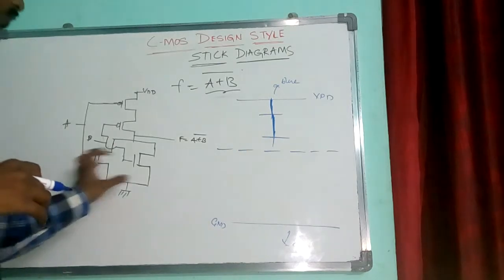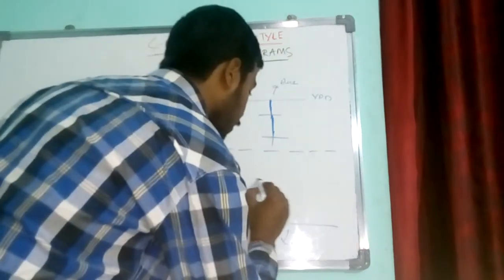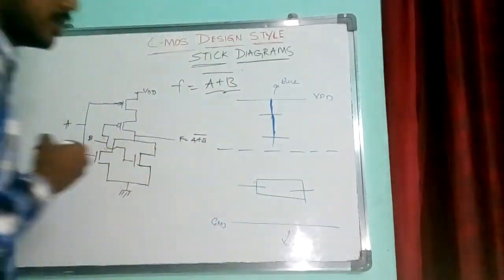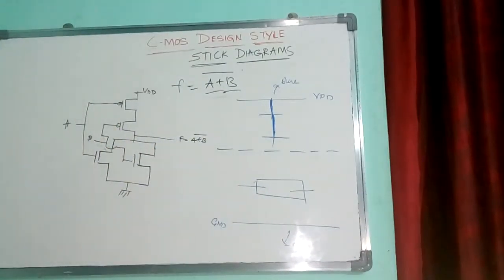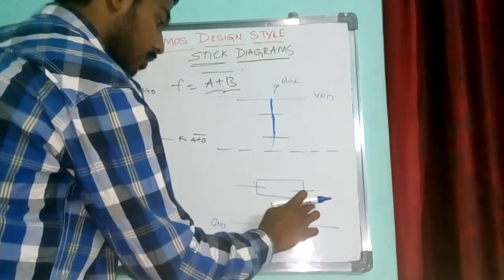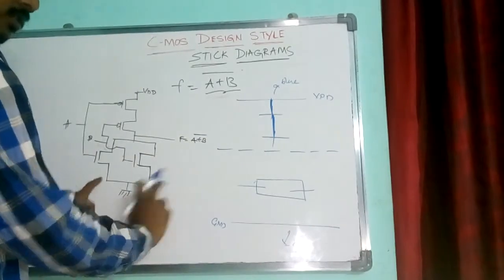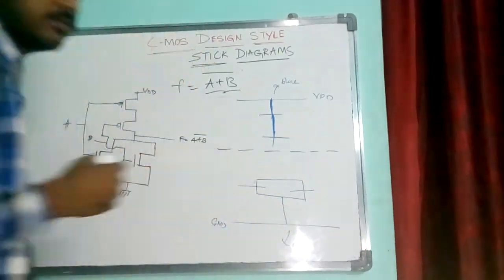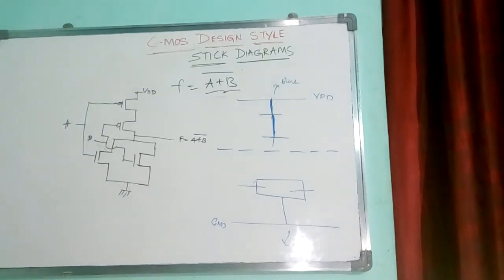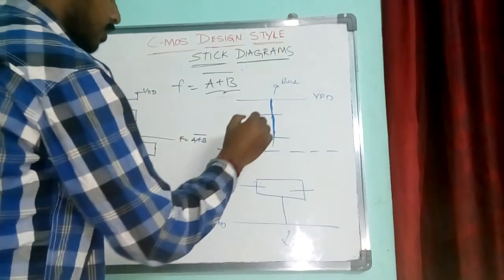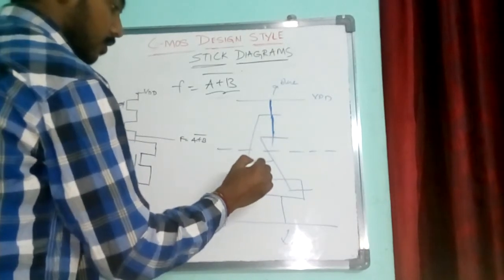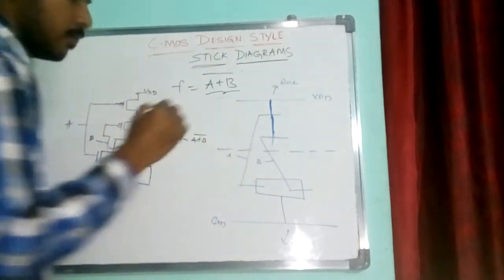After that, I have two transistors in parallel, so I draw like this. This is one transistor, this is one transistor. These are connected to ground. And what are the inputs here? This is B input, this is A input.